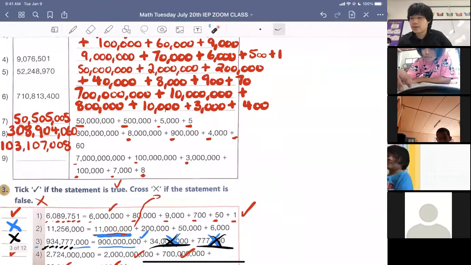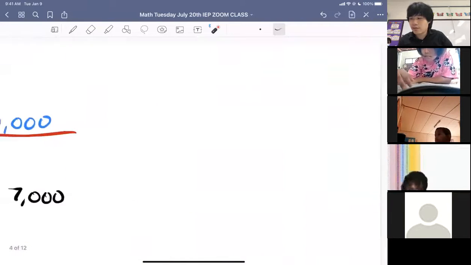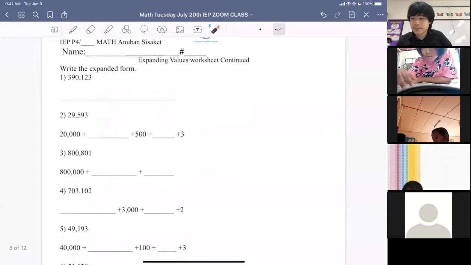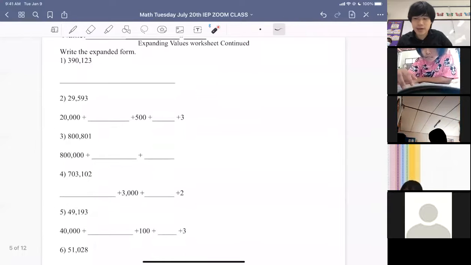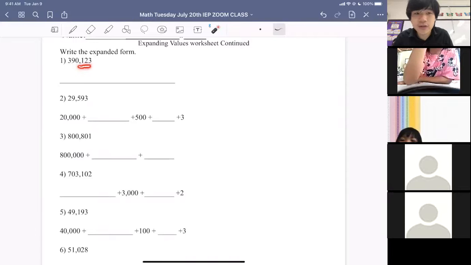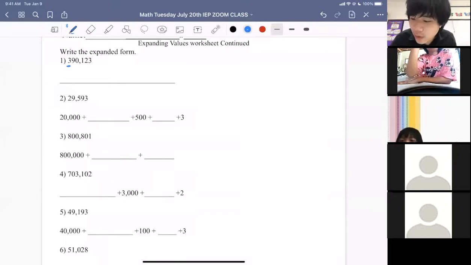All right. The second sheet I sent you on Friday. Take a look. It says write the expanded form. 390,123. We're going to go over this pretty quickly since we did a lot of practice. So this 3 represents 300,000.